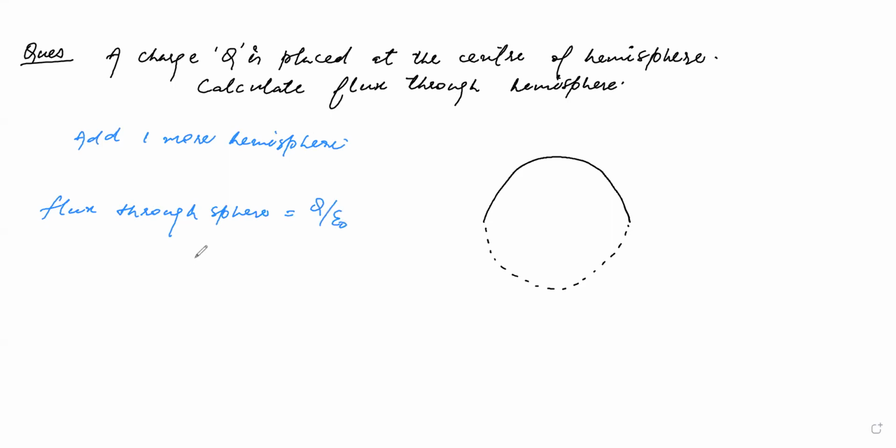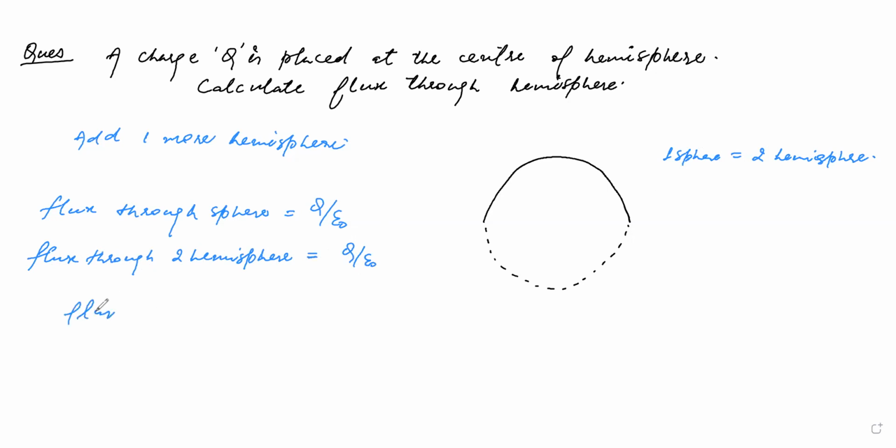Now, the flux through the sphere is Q over epsilon naught. One sphere is equal to 2 hemispheres. Can we write it or not? Yes, sir. Flux through 2 hemispheres is equal to Q over epsilon naught. Then the flux through 1 hemisphere is equal to Q over 2 epsilon naught. Do you understand or not?